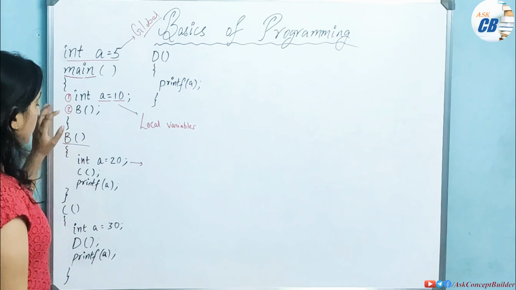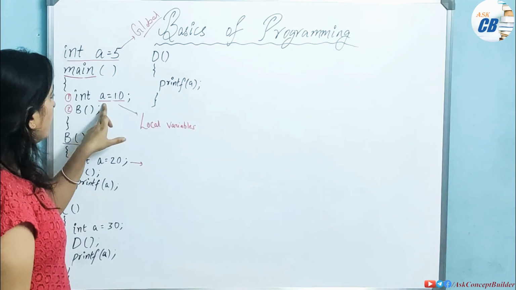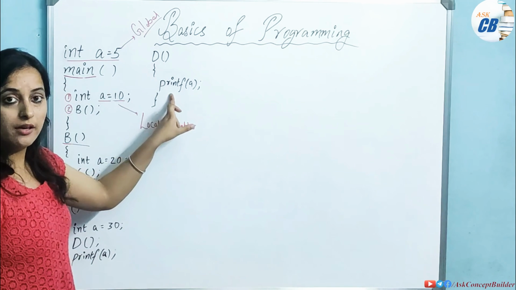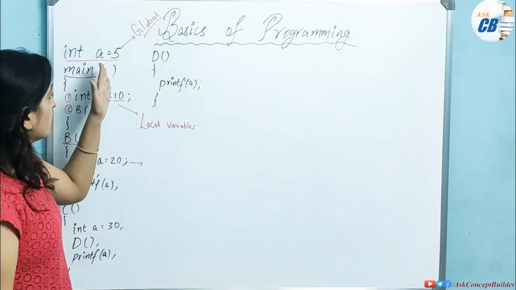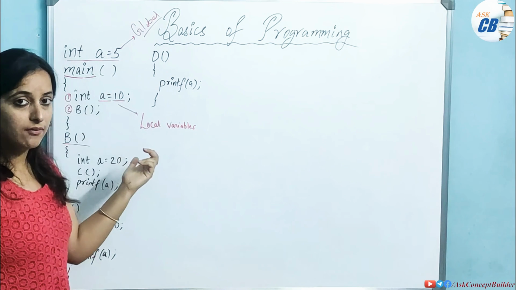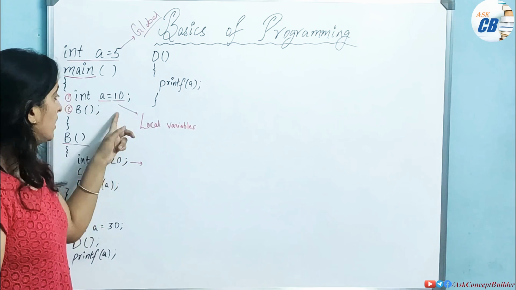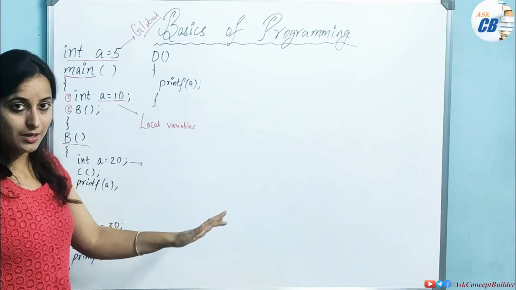Okay, now see, what we can see here is that we are using this same variable name a in all the functions. So is it possible in a program that you are using the same variable name everywhere, with different values, the variable with the name a? So is this possible in a program?